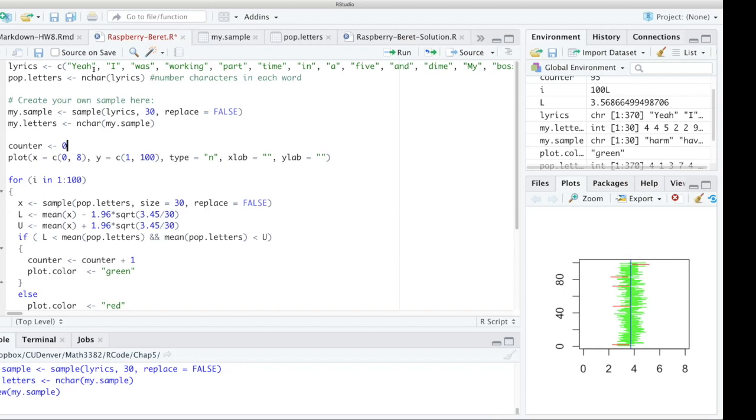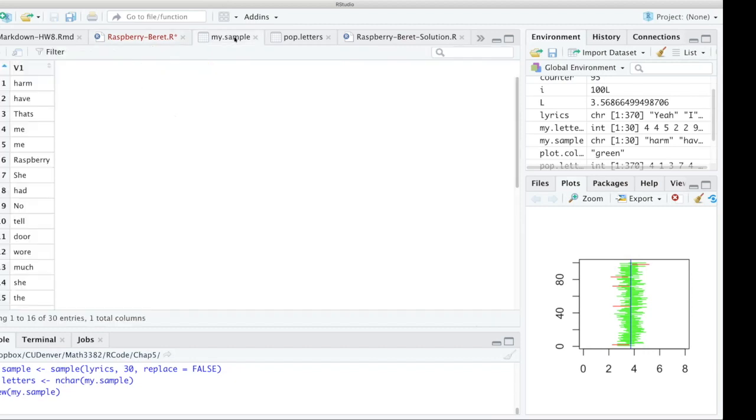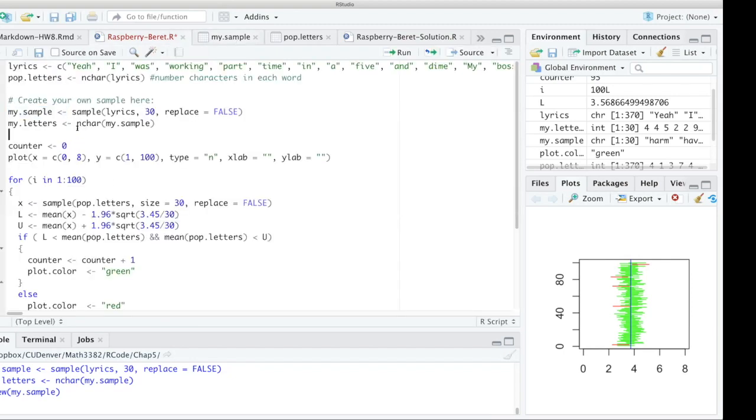Okay, so we've got the population up here. Normally, we wouldn't know that, but all we would have would be my sample over here. And from this sample, let's calculate the mean of my letters. I get a sample mean of 3.9. And again, if you're all doing this, you're getting something different, right?